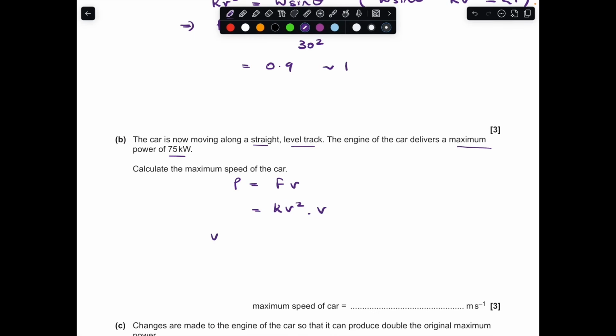So v cubed is the power of 75,000 watts divided by the value of k, which is 0.9, and then we can cube root the answer and get 44 meters per second.